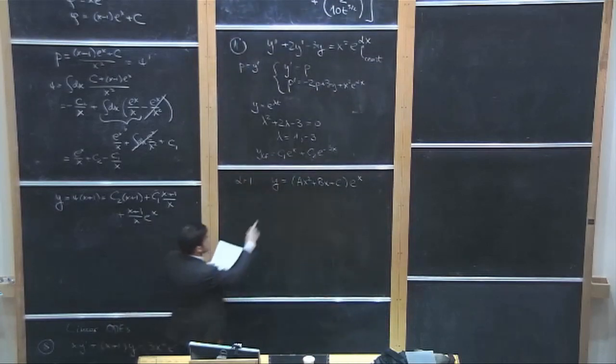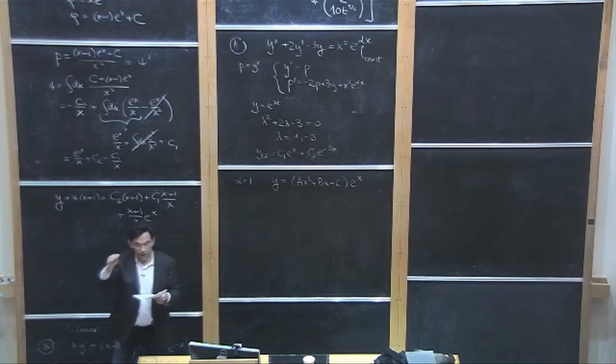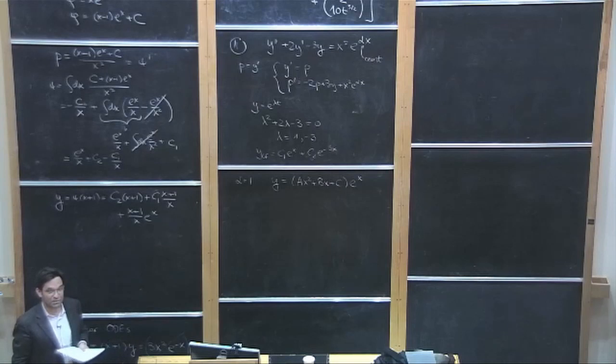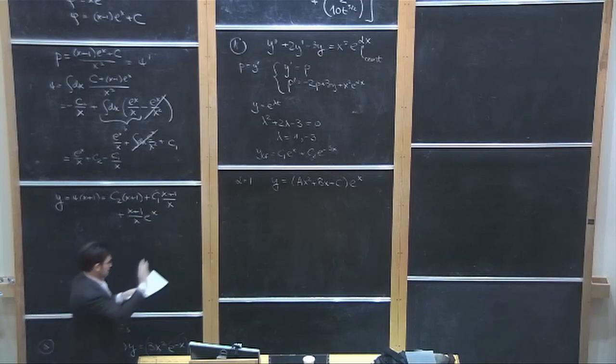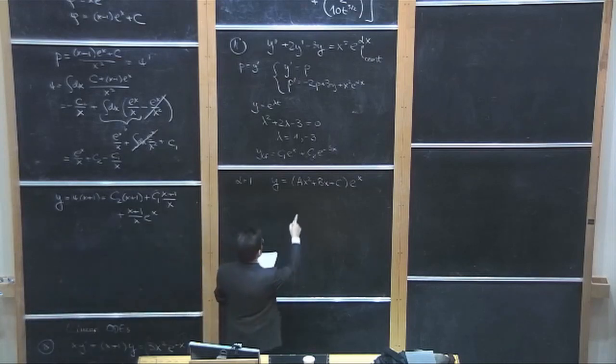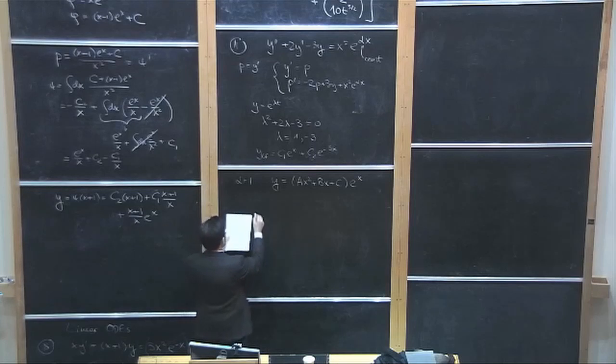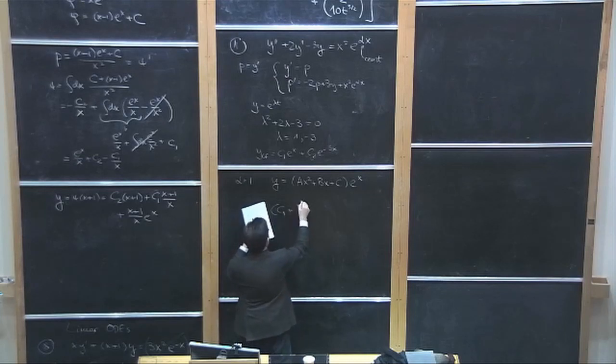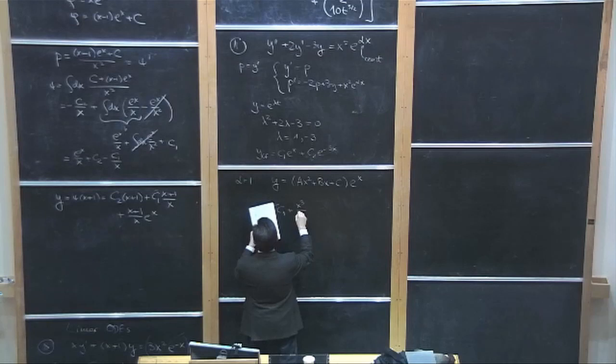So what you do is substitute this in there and equate all the coefficients in front of the same powers of x. This is very tedious. I won't go through it, but I will leave it to you as an exercise. And the answer that you should get should look like this: C1 plus x cubed over 12.